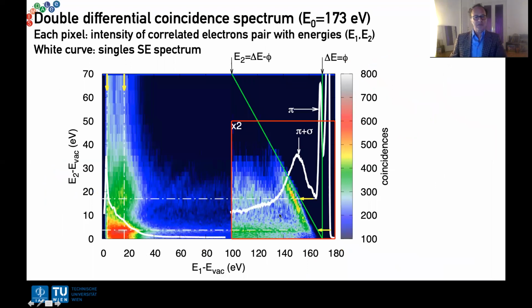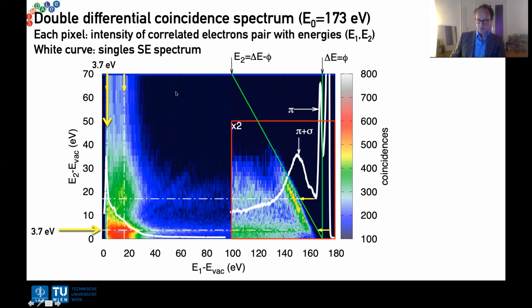And this next slide here shows the result. The white curve is the singles electron spectrum. You can distinguish the elastic peak, the pi plasmon, pi plus sigma plasmon, and at the low energy side, the spectrum of secondary electrons with a very, very strong resonance at 3.7 eV. The false color in the background here represents the double differential coincidence spectrum.